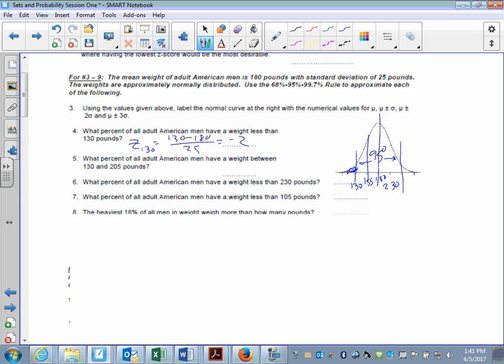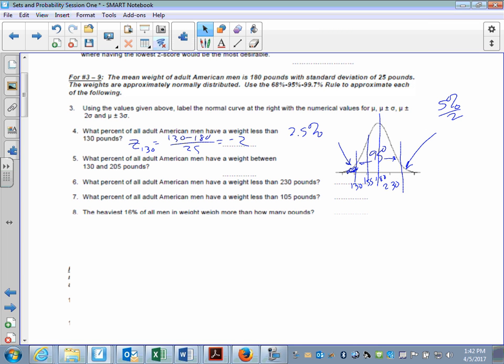And since we want the percent that have a weight less than that, we want this region over here. Now notice the region out here and the region that is shaded are the other 5% of the graph. And since the graph is symmetric, those two pieces are the same area, so we would divide by 2, so we would get 2.5% of American men have weight less than 130 pounds.